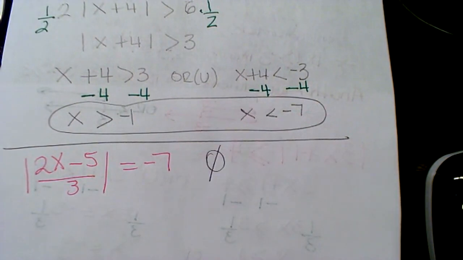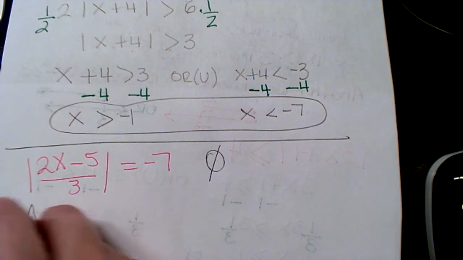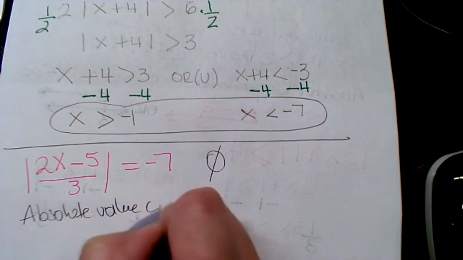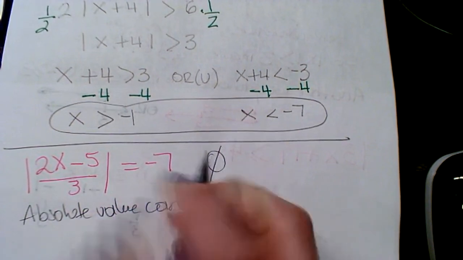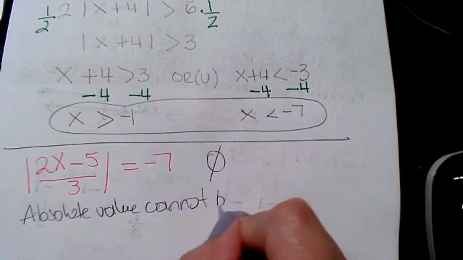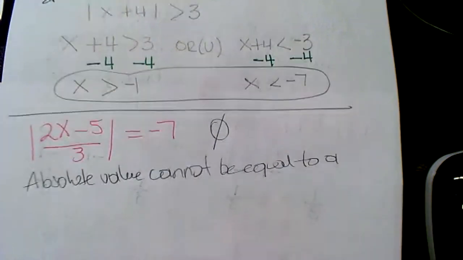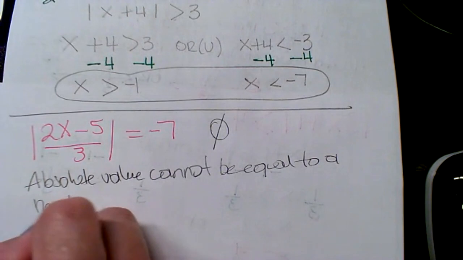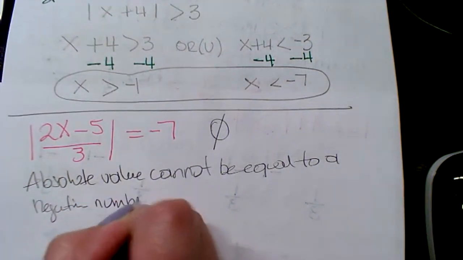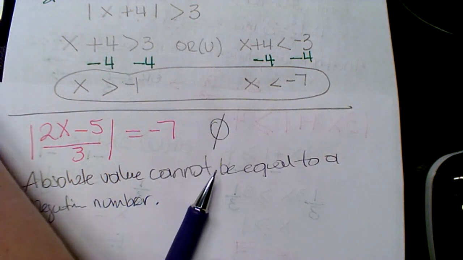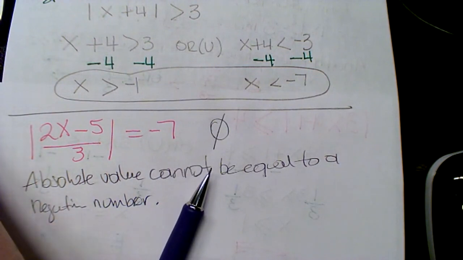Absolute value can never be equal to a negative number. I think I did it already. All right, this is it for 2.